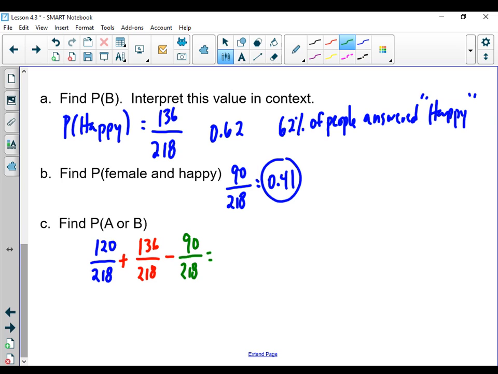Well, the nice thing is all these fractions have the same denominator, so really I'm going to take 120 plus 136 minus 90, and I find out that the probability of A or B happening is 166 out of 218. Or if we made it a decimal, we're looking at 0.76. So that's where, again, it gets tricky. If it's not mutually exclusive, I'm going to add the two values together, but then I have to subtract out when both of those happen.